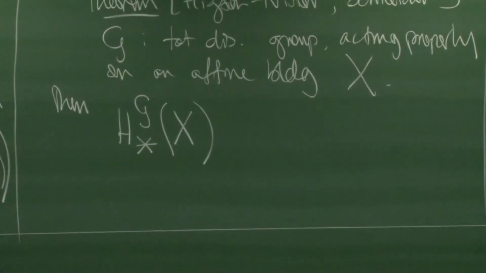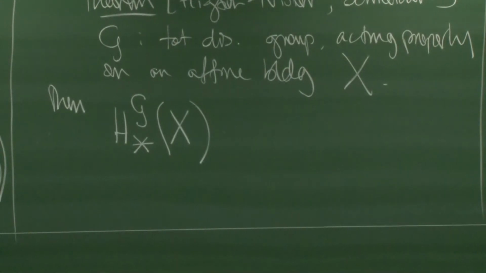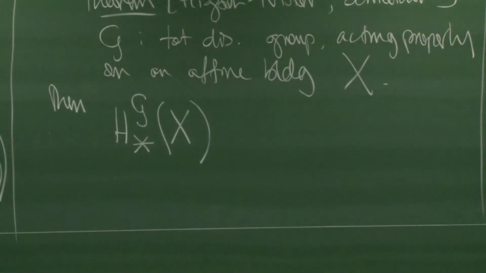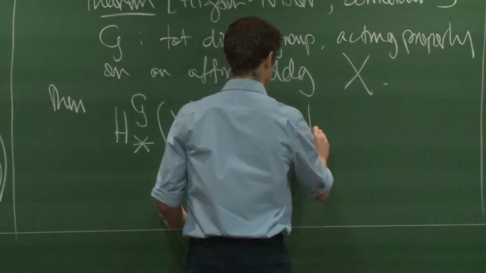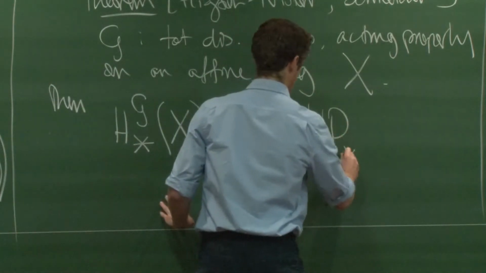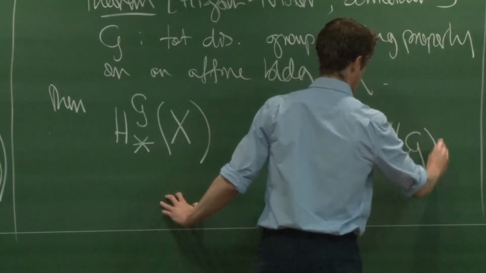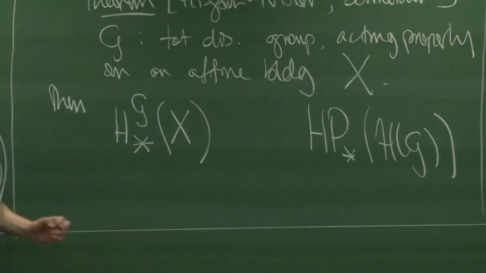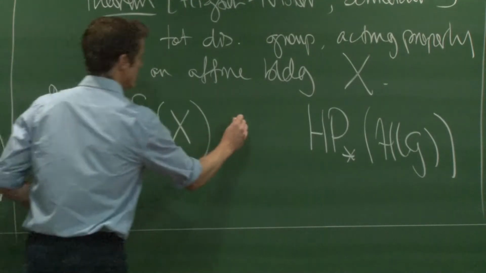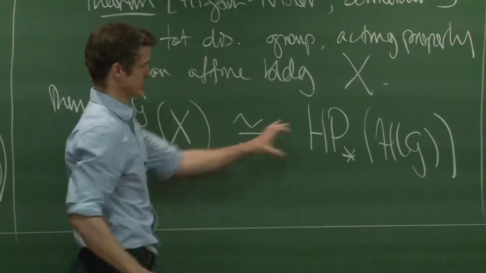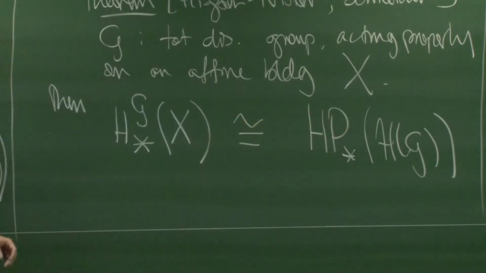First is a kind of equivariant homology for the action of G on X. I'll say a little bit more about what that means in a minute. The second, the so-called periodic cyclic homology of the Hecke algebra of G, the convolution algebra of smooth, compactly supported complex valued functions. And I'll say a little bit more about that in a moment.